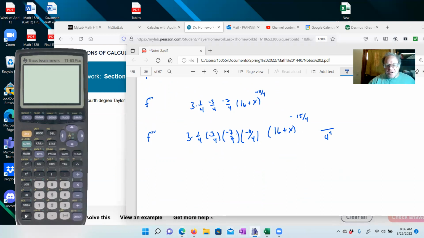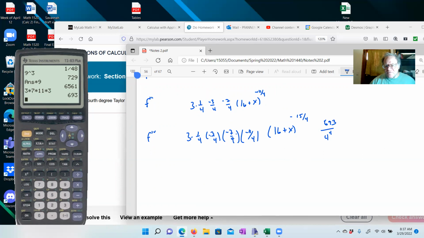Sometimes you can make a nice little pattern out of this. I don't know if I would bother trying to do that for you guys. So we have 3 times 7 times 11, and then this was times the first 3, and this was 693.